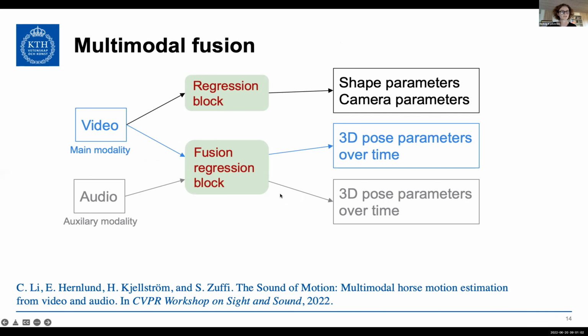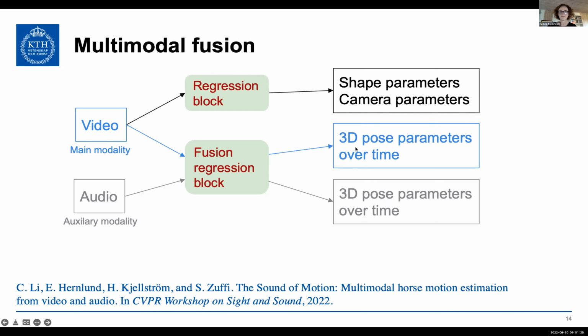So it's two separate streams, but they interact a lot inside this regression block. And out come two 3D pose sequences, which are using both video and audio. So they are two, but they are very similar because they have interacted so much.